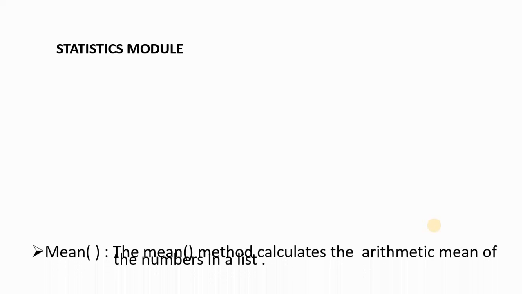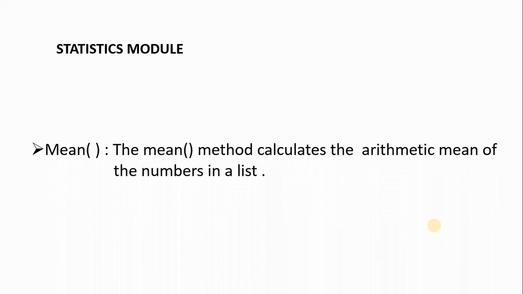The next module we are going to learn is the statistics module. This module provides functions for mathematical statistics of numeric data. The first one is mean. The mean method calculates the arithmetic mean of the numbers in a list. So whatever the list, it will give the mean value.